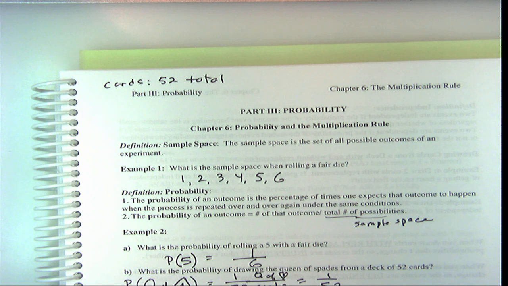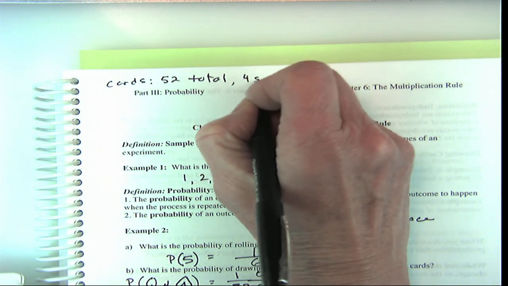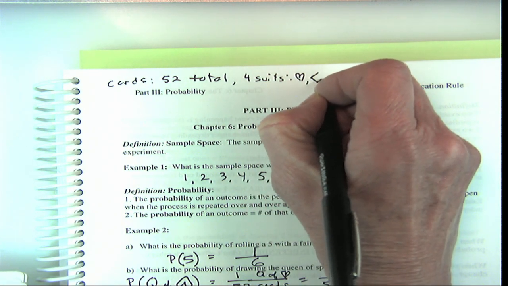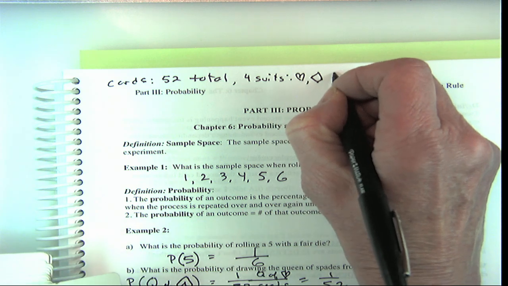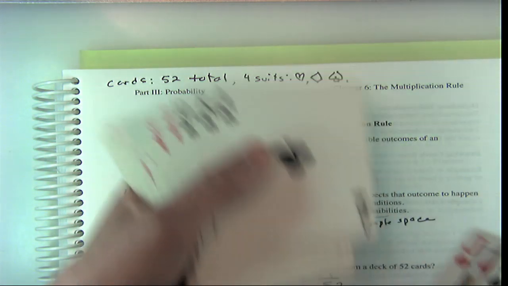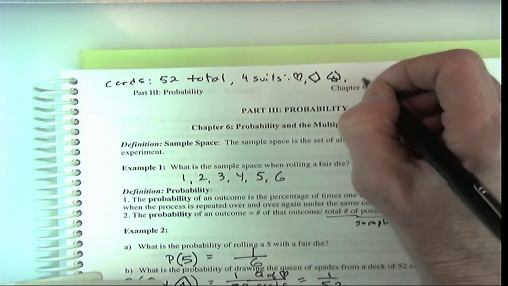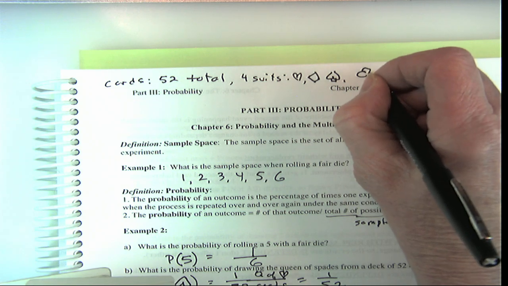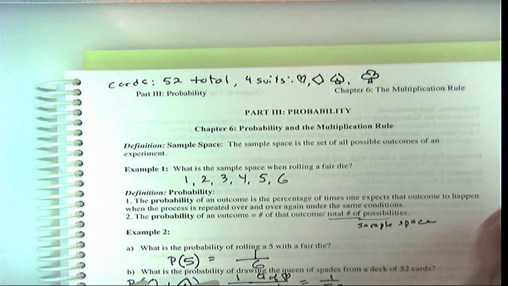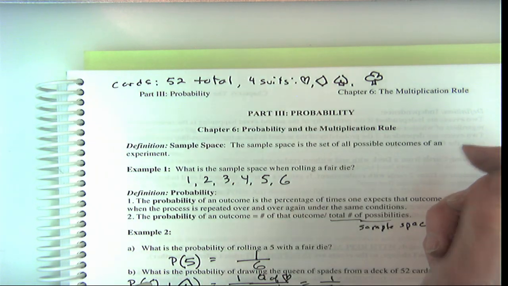And then there's these 4 suits. And the suits are hearts, diamonds, spades, and clubs, which look like that. Okay? So the clubs look like a clover. All right, so those are the 4 suits. And in each one of these suits, there's 13 cards.